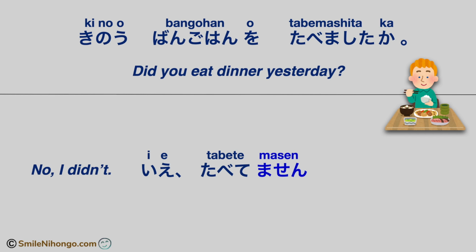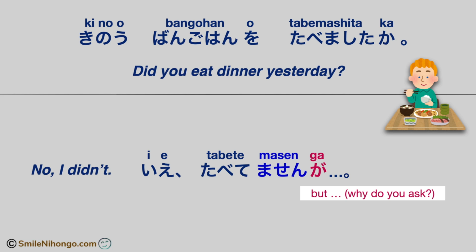Therefore, in this kind of situation, it is very common that we respond with が at the end, as in, いえ、食べてませんが。This が is a conjunction meaning but. So this response is an incomplete sentence, meaning, no, I didn't, but why do you ask?